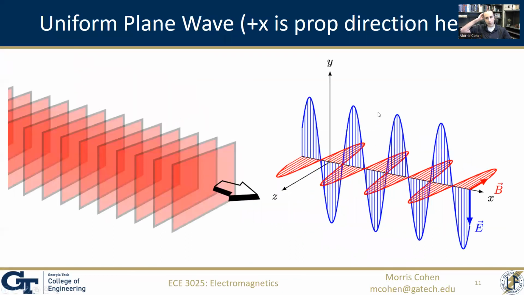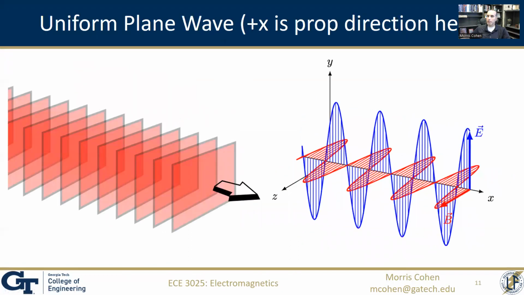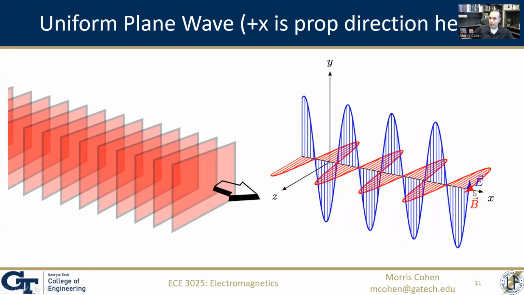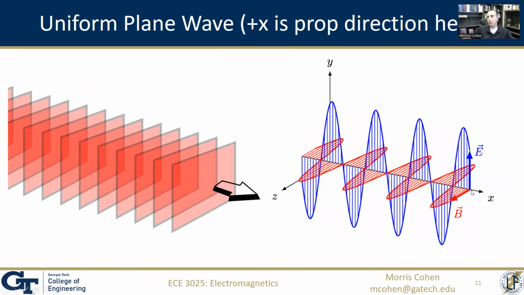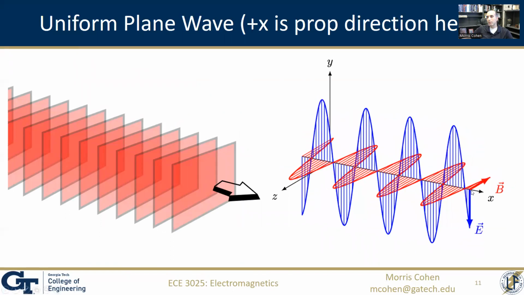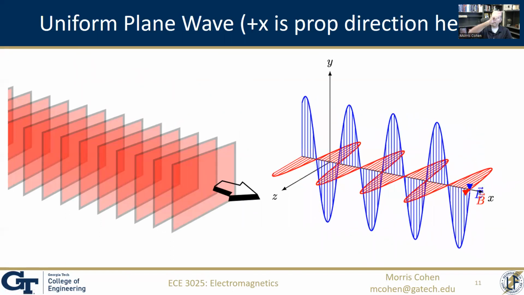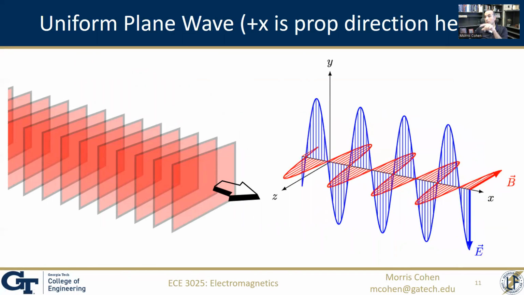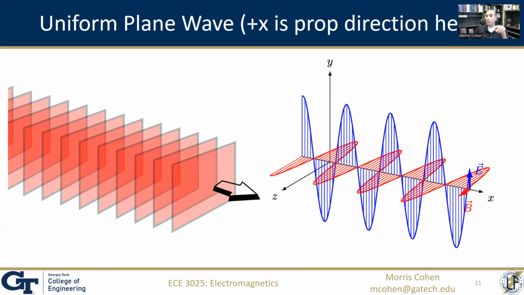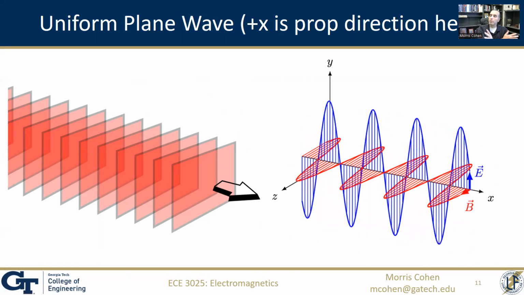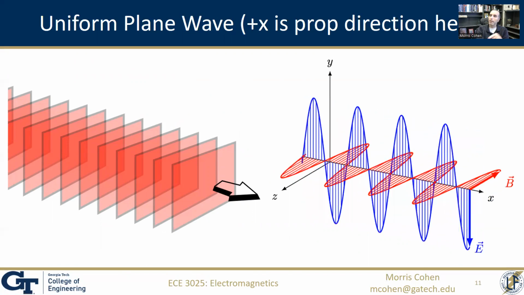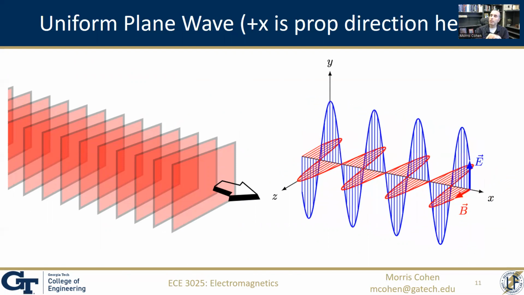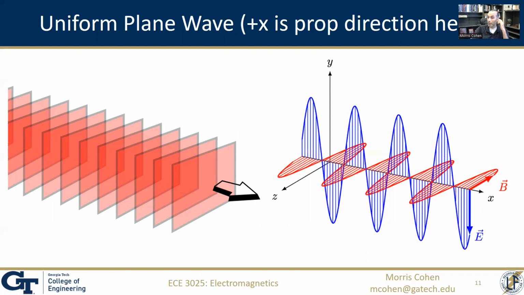Here's another way to show it with a slightly different animation. Let's say at the end of this line right here, you are observing the electric field and magnetic field. What you're going to see is a sinusoidal oscillation in the electric field and a sinusoidal oscillation in the magnetic field, but they'll be pointed in different, orthogonal directions. And the electric field crossed with the magnetic field at any moment is going to be in the direction of propagation.